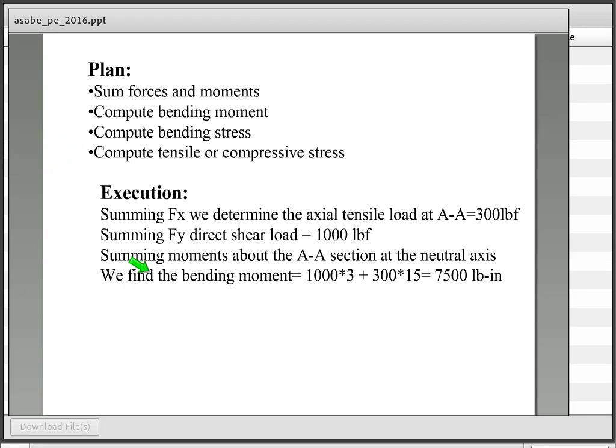That would give us 1,000 pounds times that 3-inch offset of the wheel. And then we've got that 300-pound side load, offset 15 inches, which would give us a total bending moment there of 15 inch-pound force on the axle cross section.